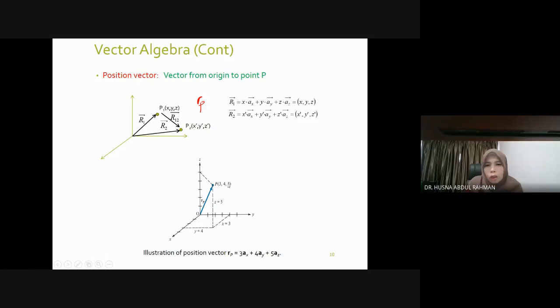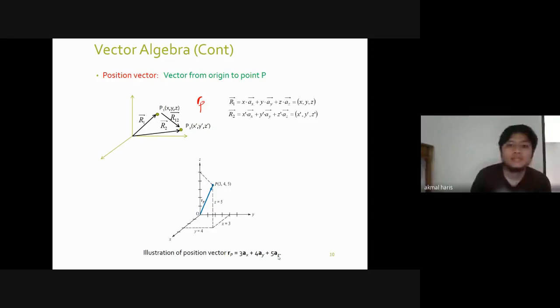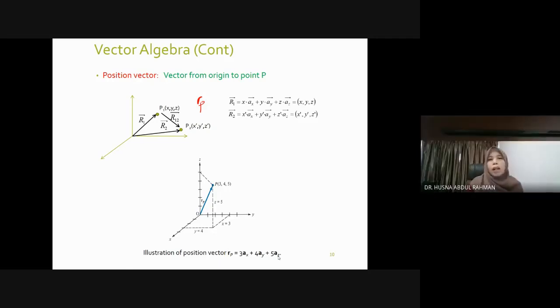So the position vector of P, Rp, is equal to 3ax plus 4ay plus 5az. Okay, is it clear? Okay, simple, right? As long as the vector starts from origin, then we call it a position vector.